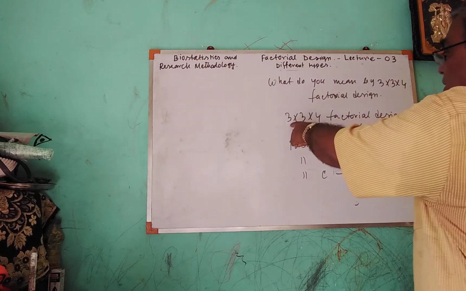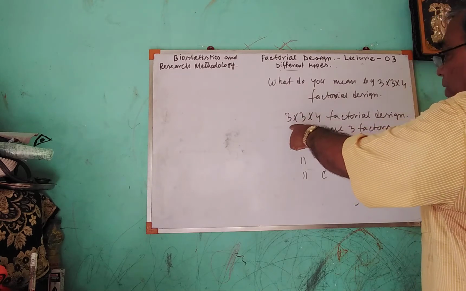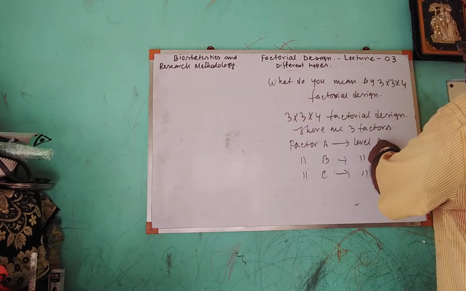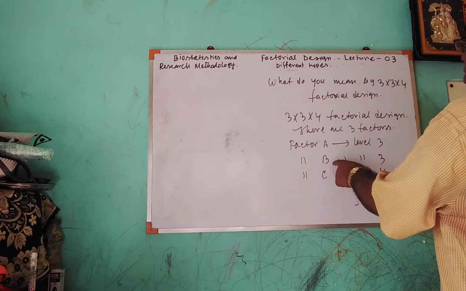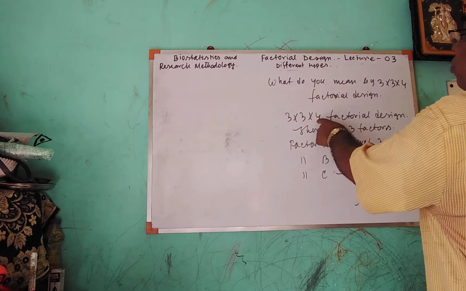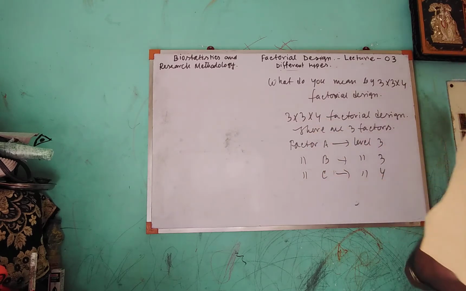So the first 3 means factor A has 3 levels, the second 3 means factor B has 3 levels, and 4 means factor C has 4 levels.